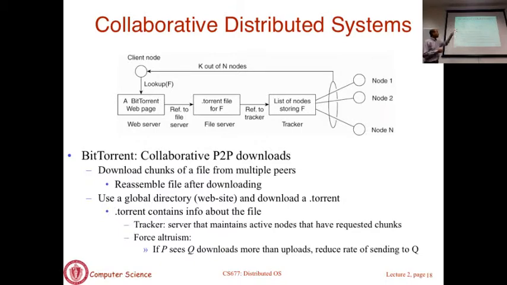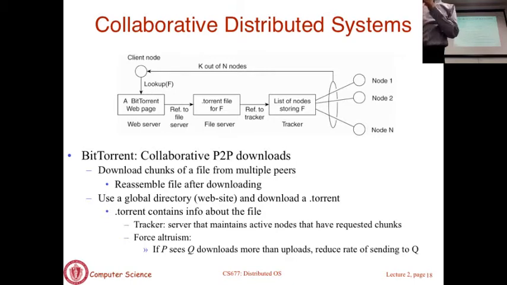Okay, so the figure there shows an architecture of a client downloading. The client node is at the top here. The client is trying to download content from some group of peers, which are shown here. These are nodes in the system. The system works as follows. Typically, if you want to do a BitTorrent download, you have to first get a file called a torrent file for that piece of content.